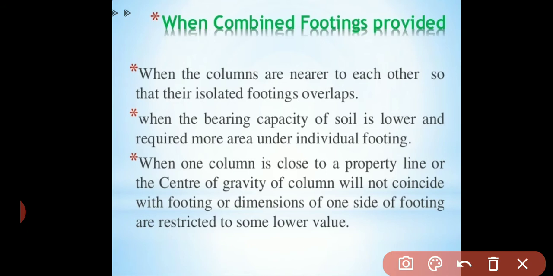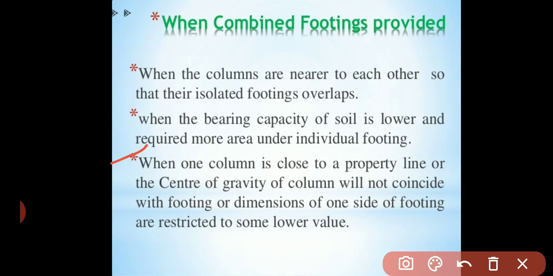So in order to create a large area of footing, we combine the footings of adjacent columns in order to transfer the load safely. The third case is when one column is close to a property line, or the center of gravity of the column will not coincide with the footing, or the dimension of one side of the footing is restricted to some lower value. So in these cases the combined footing is provided.